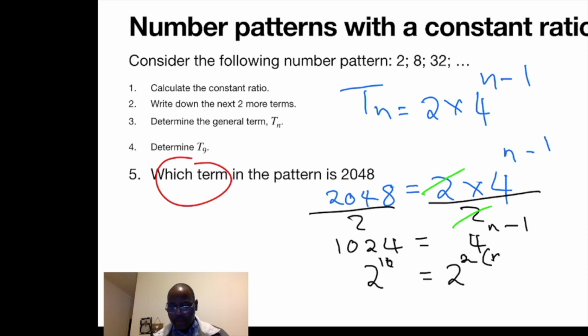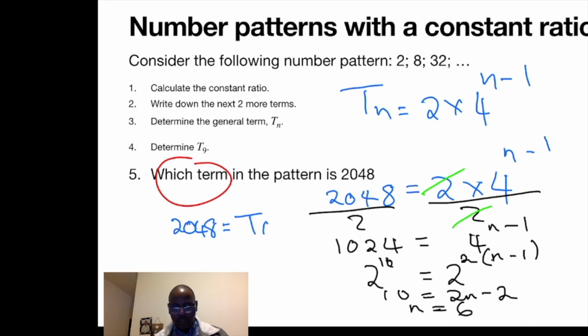Then you need to multiply that by n minus 1. And this will give us 10 on the left-hand side is equal to 2n minus 2 on the right-hand side. If you solve that equation, you will get n is equal to 6. Right, so that means 2048 is the 6th term.